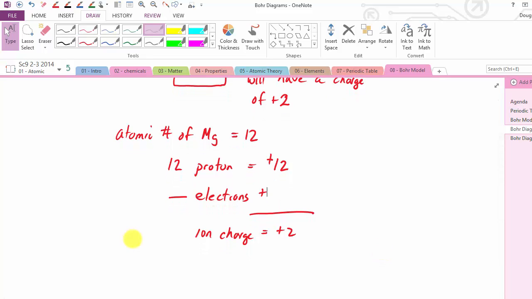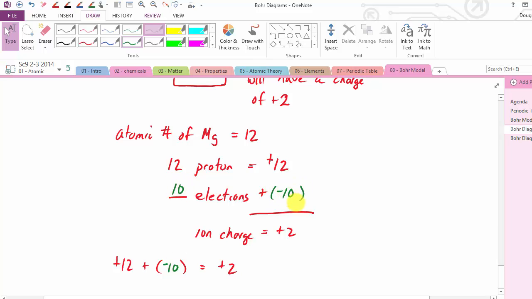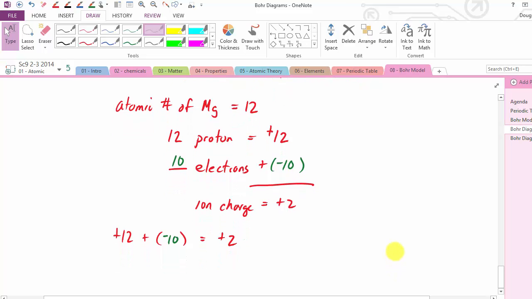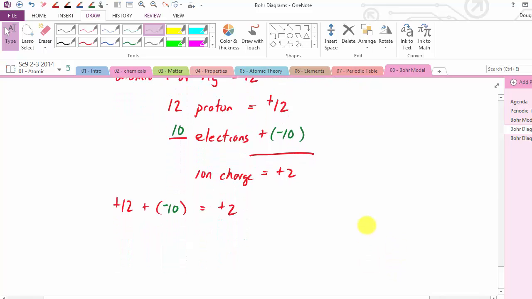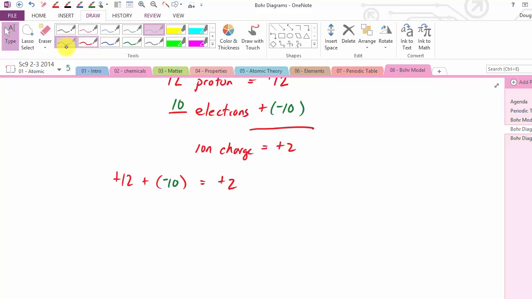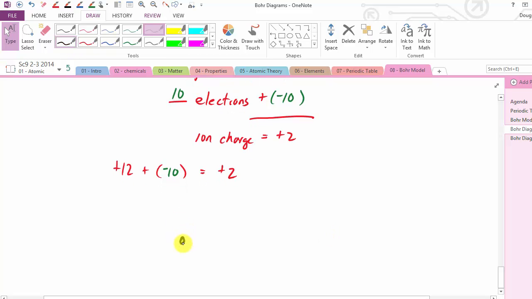So another way to say that is positive 12 plus something equals positive 2. And of course the answer to that would be negative 10. So if you have 10 electrons, you add negative 10 there, you will get a total charge of positive 2. So the Bohr diagram for that magnesium then would be something like this.